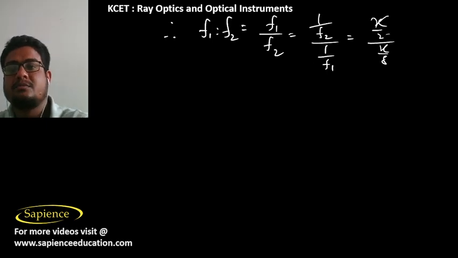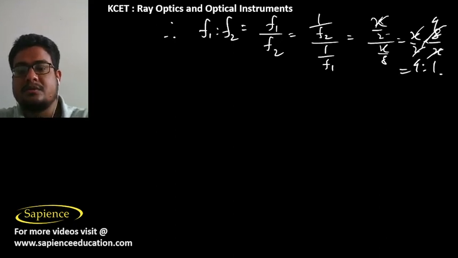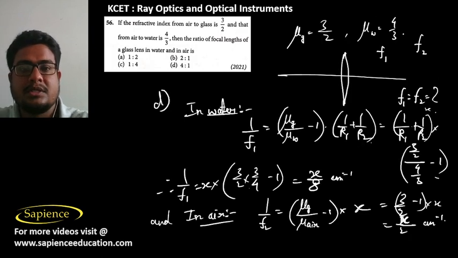If we simplify it, x by 2 into 8 by x is equal to 4. So 4 is to 1. So option D is the correct answer.